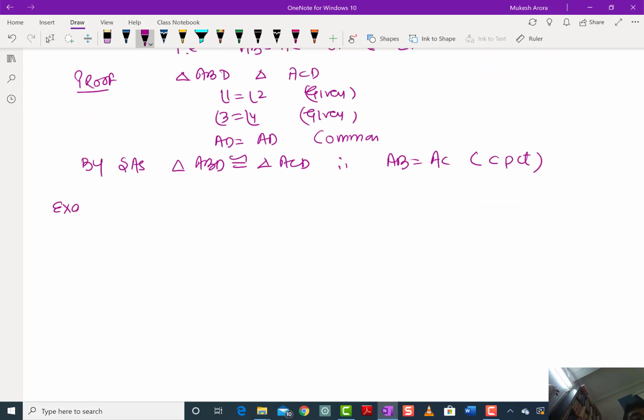Example 2 is: E and F are the midpoints of the equal sides AB and AC of triangle ABC.